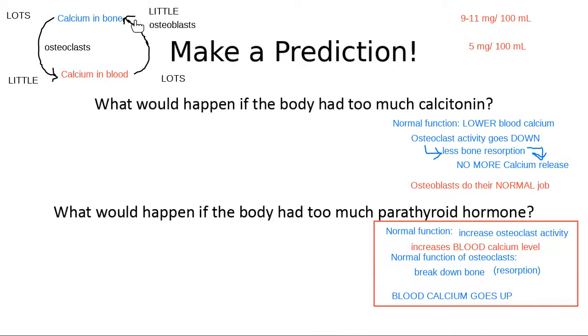So the blood calcium level goes down because I keep taking and taking this calcium to put it into the bone, but I'm not at the same time breaking down any bone to put back into the bloodstream. So if we're only doing this side of the loop, the amount of calcium in the bloodstream goes down because it's all going into bone tissue.